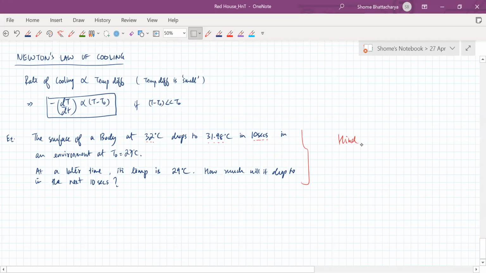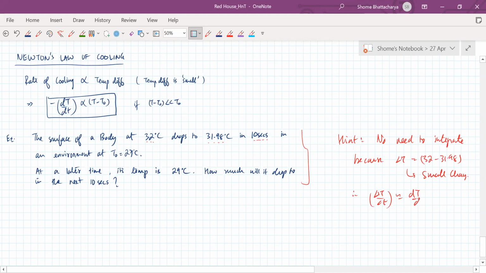No need to integrate, because delta T of 32 minus 31.98 is a very small change. So therefore, delta T by delta t can be approximated as dT by dt.